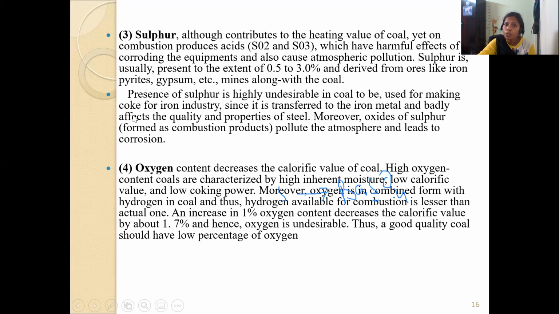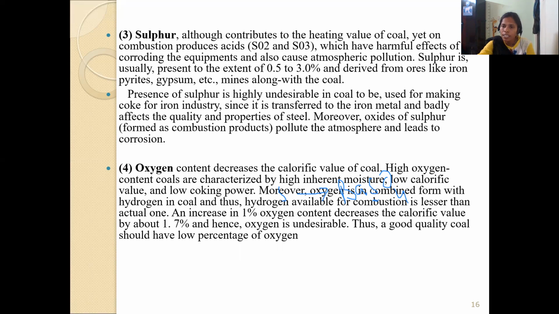Sulfur is usually present to the extent of 0.5 to 3%, derived from ores like iron pyrites, gypsum, etc., mined along with the coal. Even a high presence of sulfur in the coal sample is undesirable because it is polluting the environment. It is not reducing the calorific value, but it is polluting the environment.